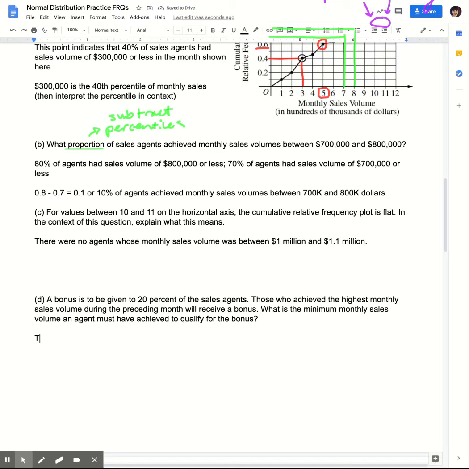Essentially we're dealing with the top 20% of agents, so we have to be at the 80th percentile or above. So we need to find the monthly sales for the 80th percentile.